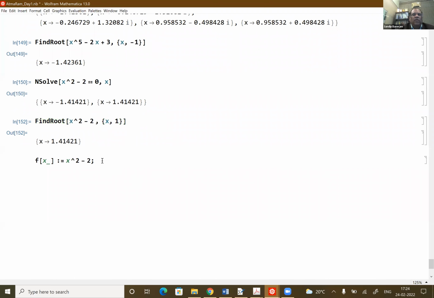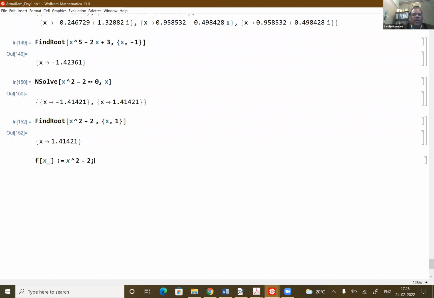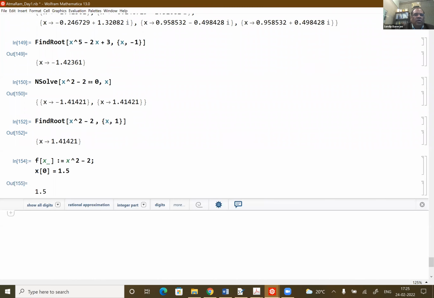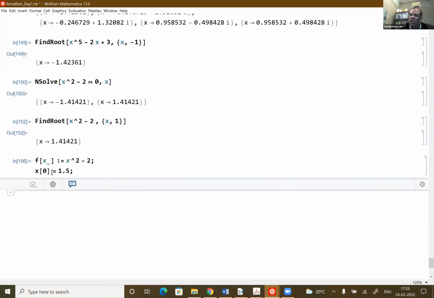If I don't put the semicolon, it doesn't matter in this way, but it will not be reflected in the next line. So this 1.5 comes here. If I put this, it will not come. So that is how it works.